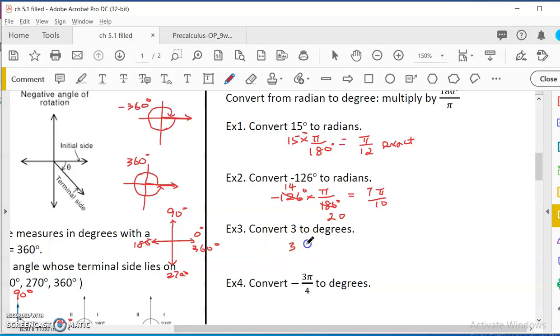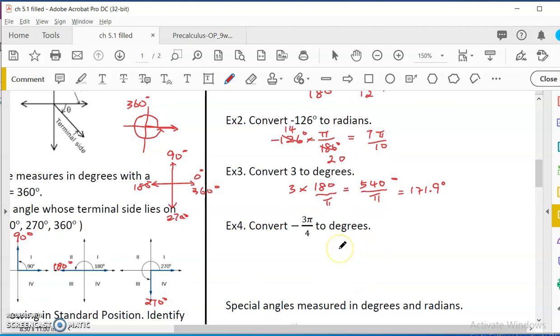So I would do 3 times 180 over pi. So the exact value is 540 over pi degrees. And if you divide by pi, which is in your calculator, that would be 171.9 degrees.